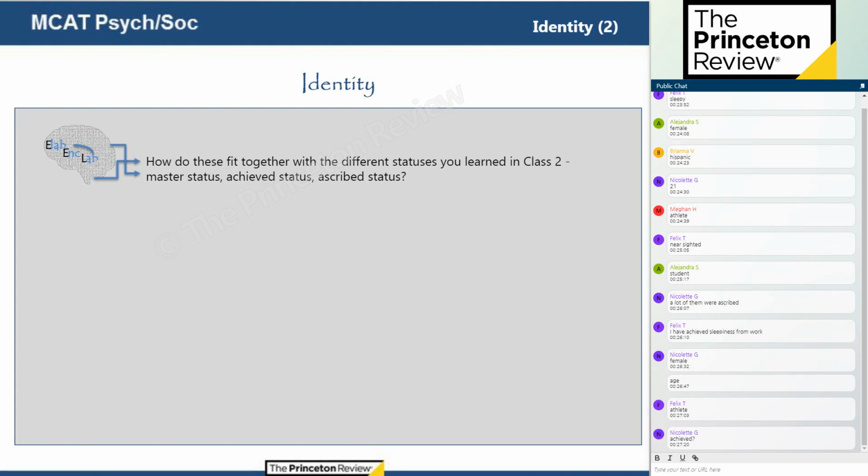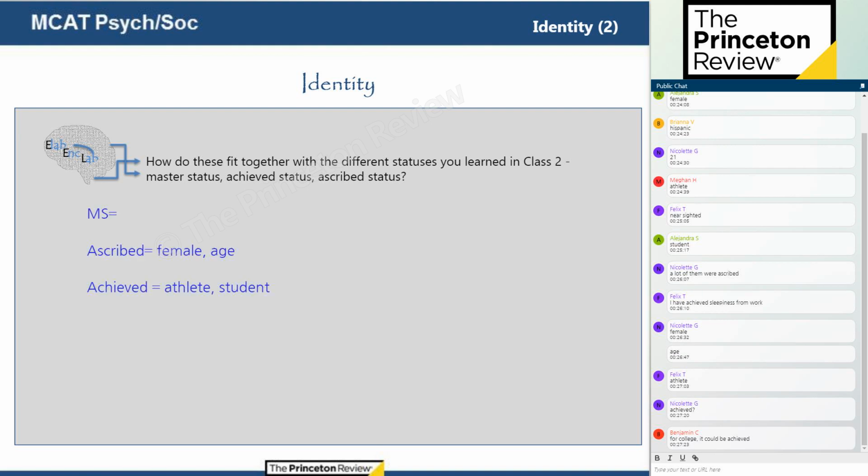It could be achieved. Absolutely, if you put the word college in front of it, because you have to have done something to be able to gain entry into college, right? Okay. Gives you just kind of an idea of how this works together.